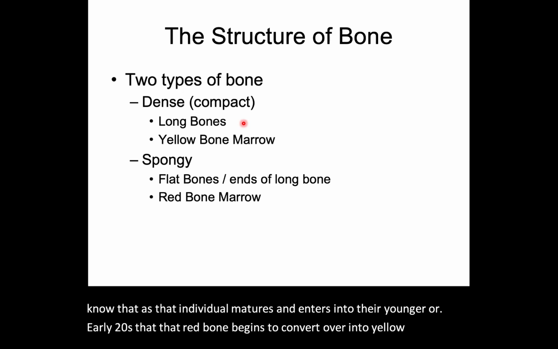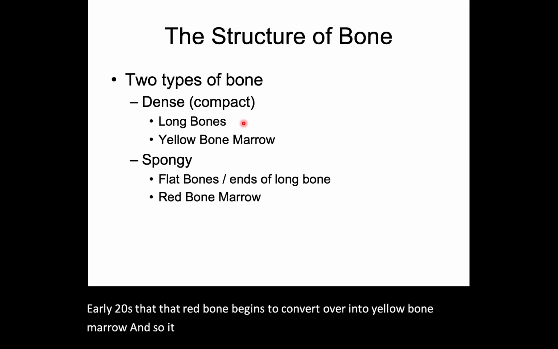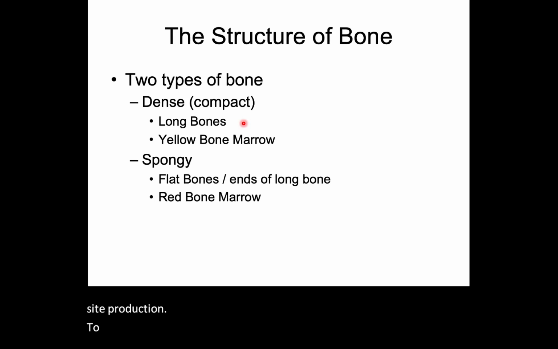And so it moves from that process of hematopoiesis or erythrocyte production to being a reservoir of adipocytes and having high amounts of adipose tissue within that marrow.